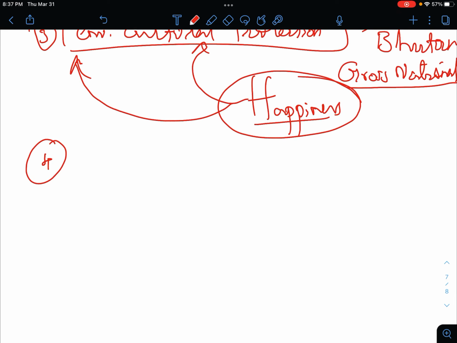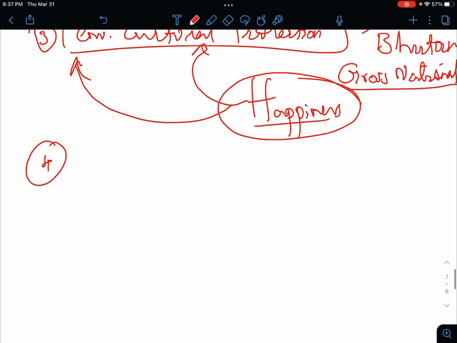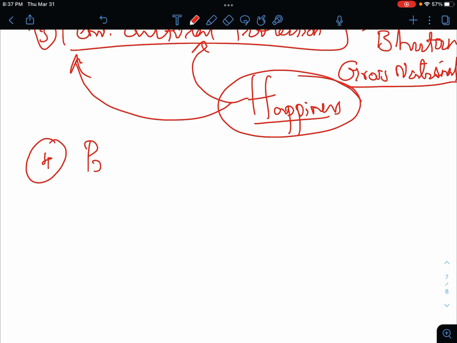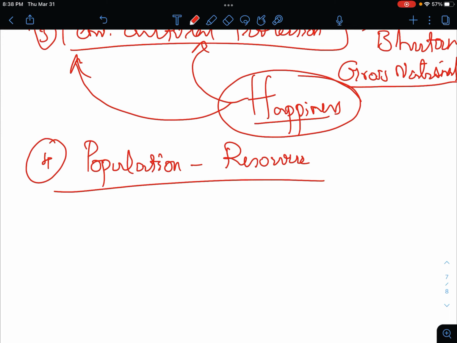Fourth point is their population resource ratio is relatively optimum. See, nothing can be optimum in this world, but they have a relatively less number of population, so their population resource ratio is relatively optimum.